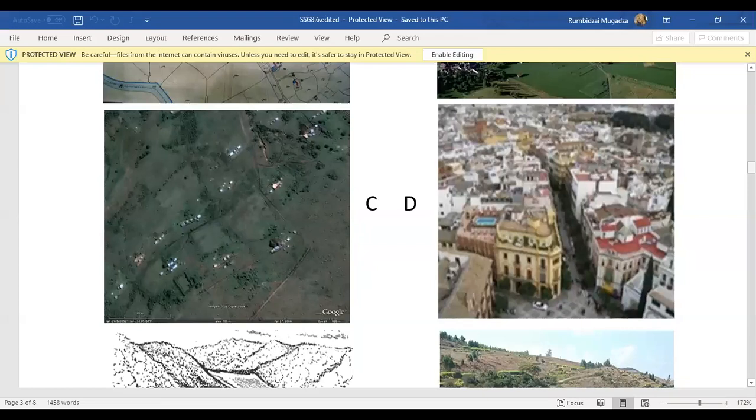What is the other settlement pattern? Does anyone know? Dispersed. That's correct. And what about D? What type of a settlement is that one?